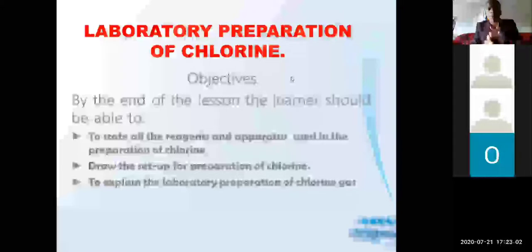So we have the objectives that you have to know at the end of this lesson, and I want you to be very careful and follow whatever we are going to do in this lesson. By the end of the lesson, the learner, which is you, should be able to state all the reagents and apparatus used in the preparation of chlorine gas. You should be able to know that.